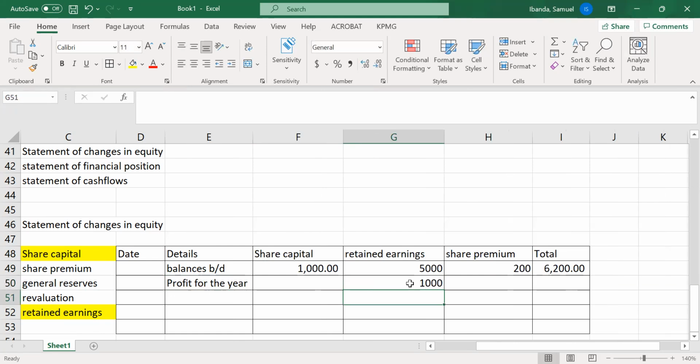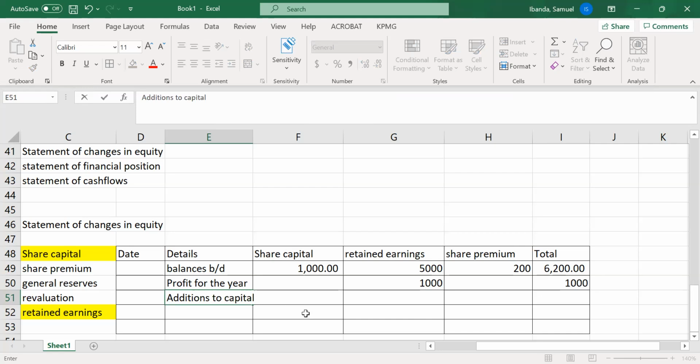Let's say it's 1,000, and you add this column as it is. Now, the other thing you look at is whether there were any capital additions, where share capital increased in the period. You say additions to capital. Maybe it's a sole proprietor business. If the shareholders contributed more capital, let's say 4,000, it will be there. You cascade down this side and you'll be able to get your total.